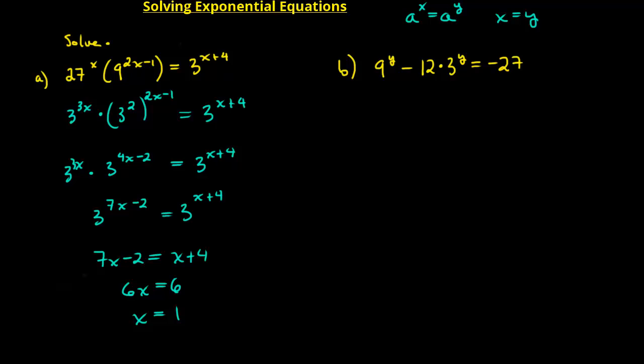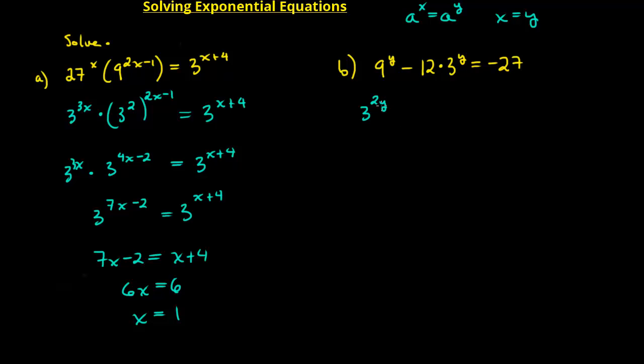So a logical thing to do is, here I've got this power written with a base of 3. So why not write 9 with a base of 3 as well? I can rewrite 9 as 3 squared. So 3 squared to the power of y is just 3 to the power of 2y.